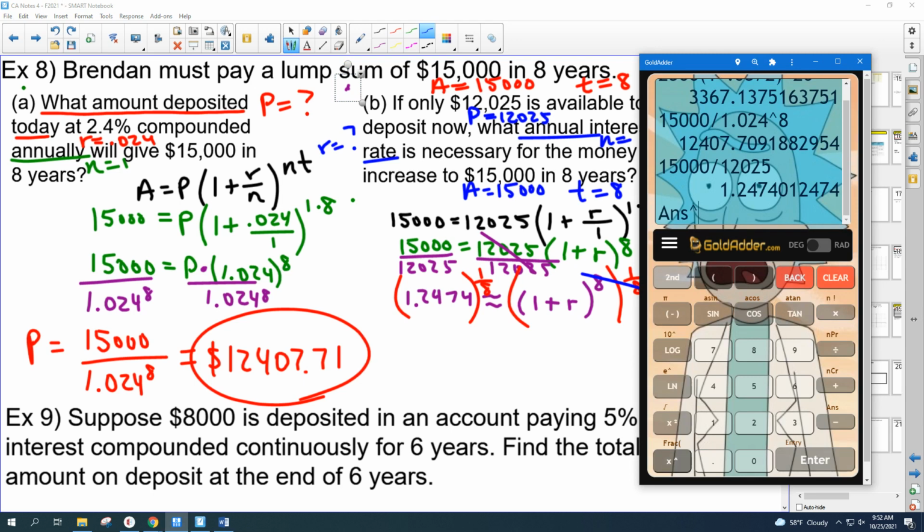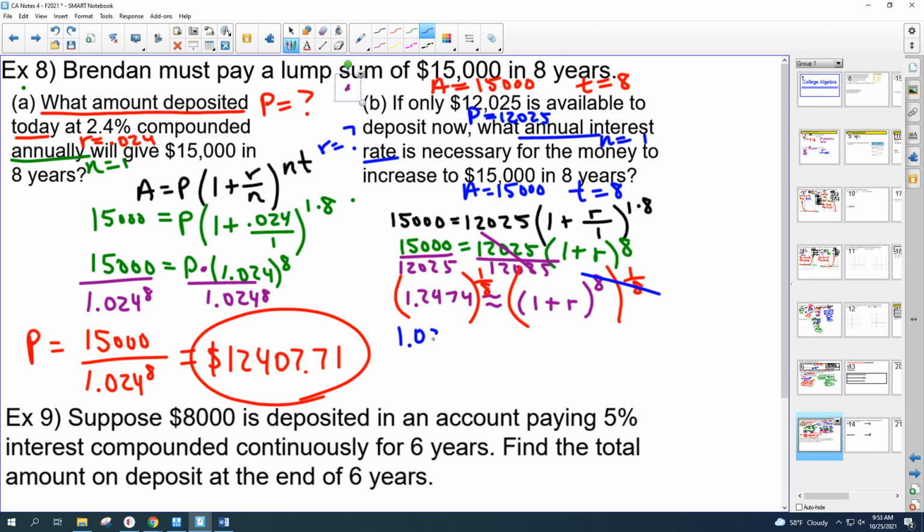So I'm going to hit this caret button. Anytime you do a fractional exponent, you'll want parentheses. So parentheses 1/8. That's taking that number to the 1/8 power. 1.028018 is approximately 1 plus R. I'm just trying to isolate the variable, so I'm going to subtract 1 from both sides.